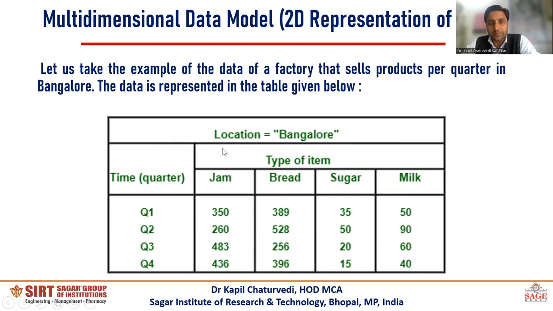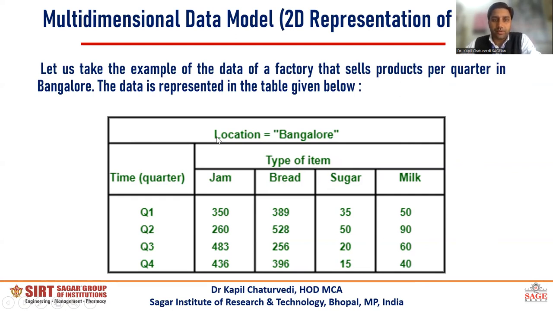Here we are saying that location is a common field in that particular table. That means in all fields Q1, Q2, Q3, and Q4, Bangalore repeatedly comes in each and every record. So we put Bangalore separately to remove the redundancy.